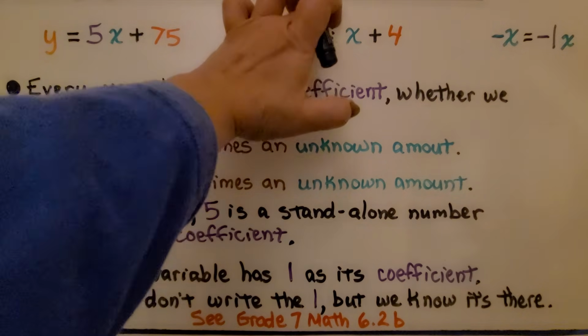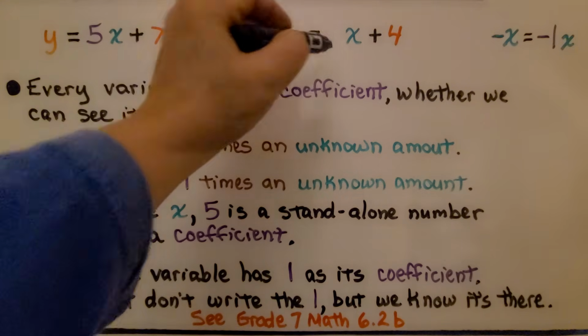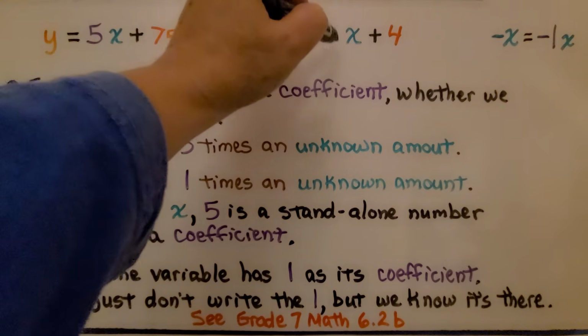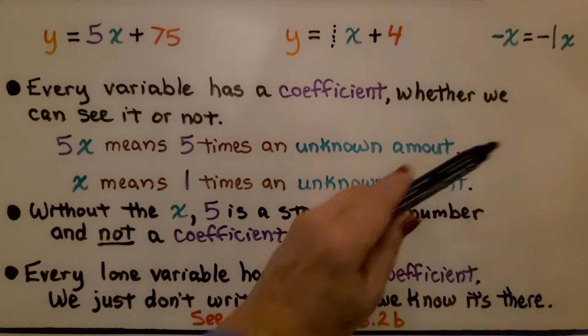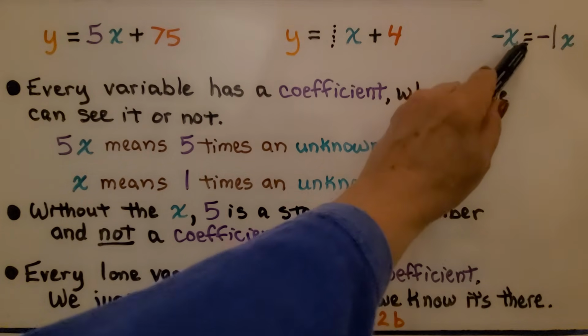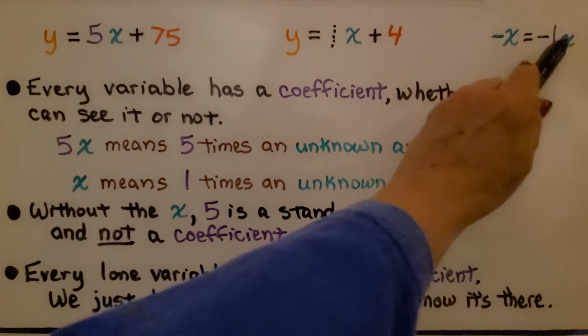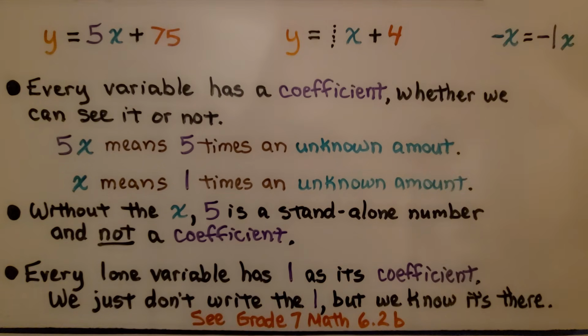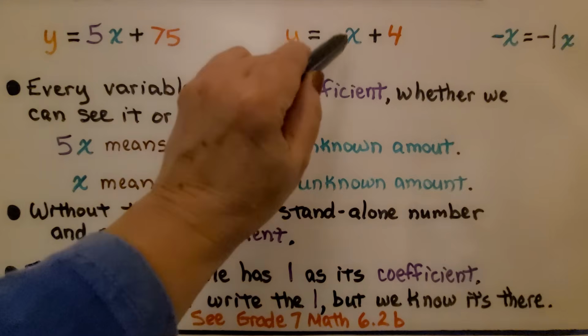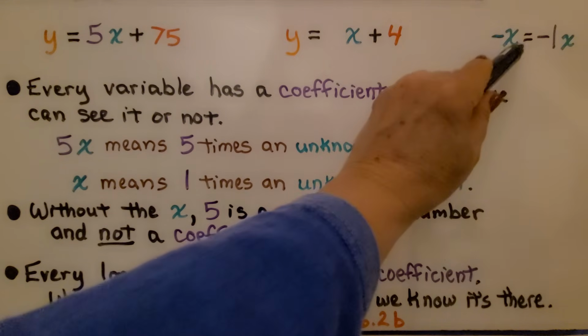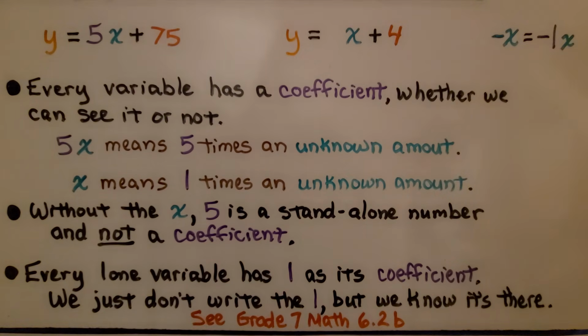So if it has no number, no coefficient to the left of the variable, imagine that there's an invisible 1. If we saw negative x, it means negative 1x. So keep that in mind, because you're going to come across this and get confused when you see an x by itself and wonder, where is the slope? Or if you see a negative x, it means negative 1x, okay?